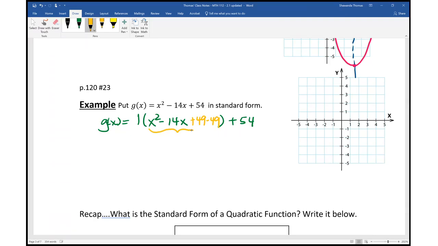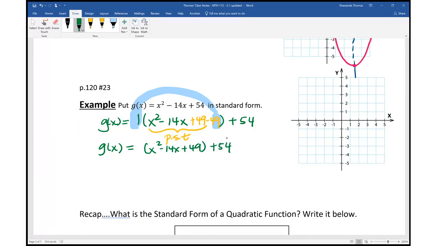This is our perfect square trinomial right here. So that means let's take out this right here, which is attached to that, right? So that's g of x equals, I'm going to drop that 1 there. So plus 54 and then minus 49.